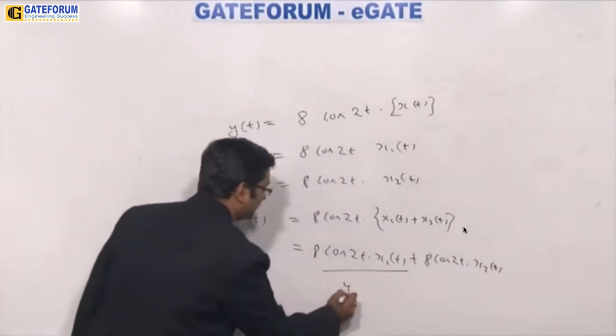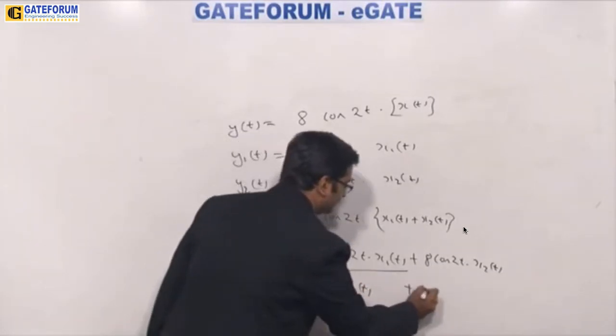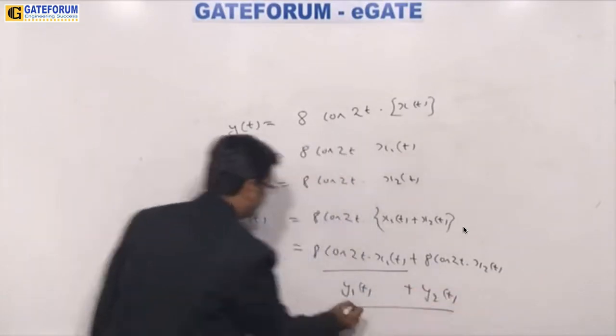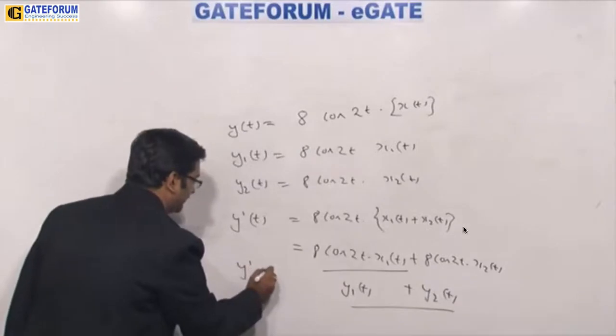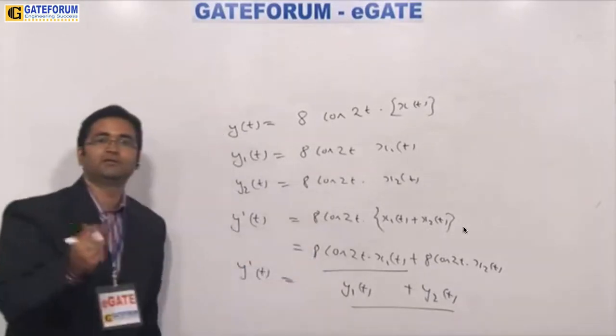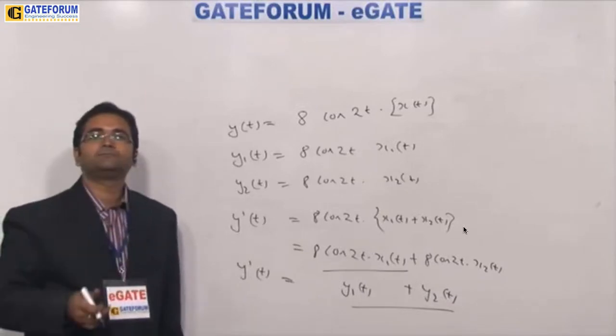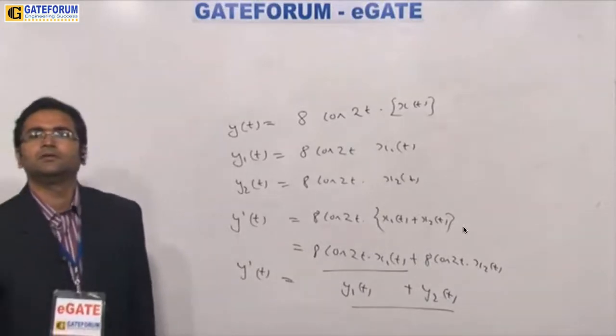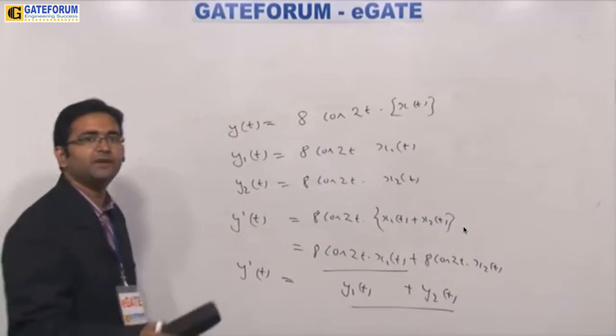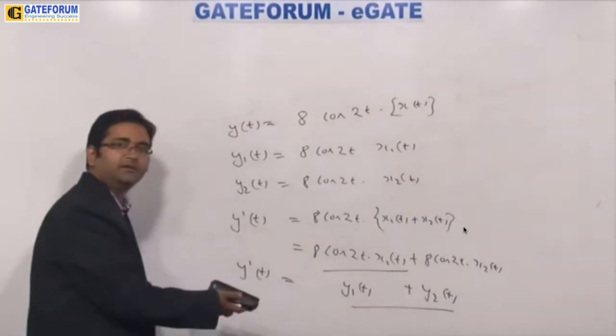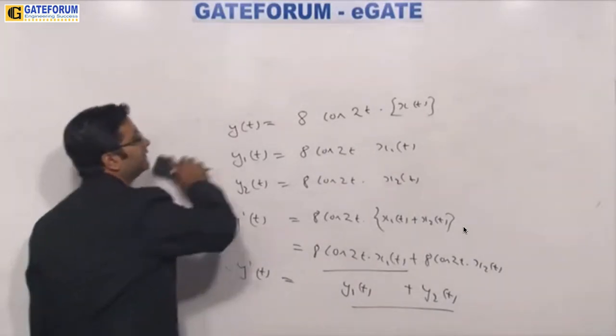Now this is nothing but y1(t), this is nothing but y2(t). Now see, y1(t) plus y2(t) is equal to y'(t), and the system is a linear system. Rajiv from Delhi, the answer is yes, it is a linear system. Okay, Rajiv.